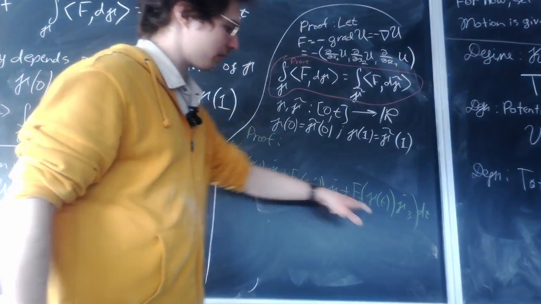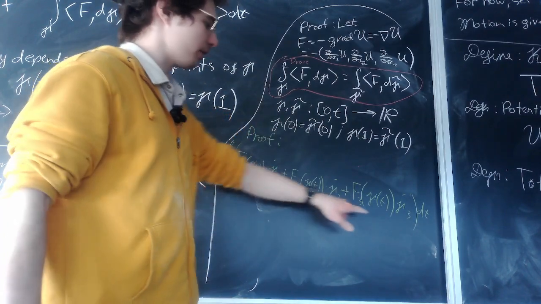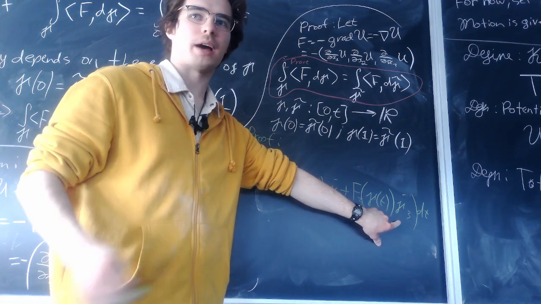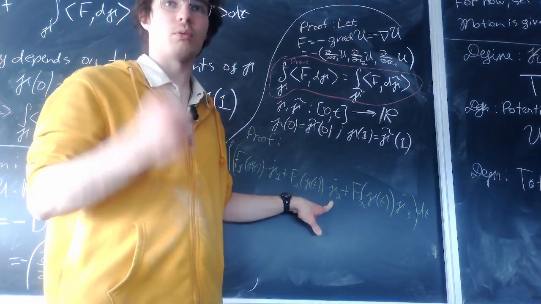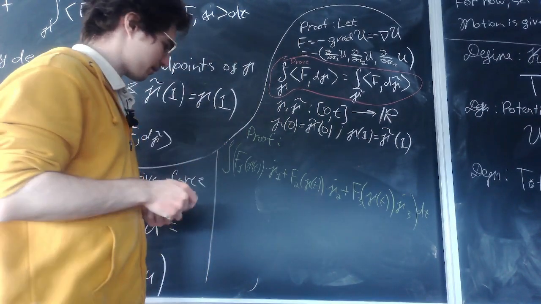Where gamma dot 3 is just the derivative of gamma 3 with respect to t. Gamma 3 is the z component of my path differentiated. Gamma 2 is the y component of the path. Gamma 1 is the x coordinate of the path.